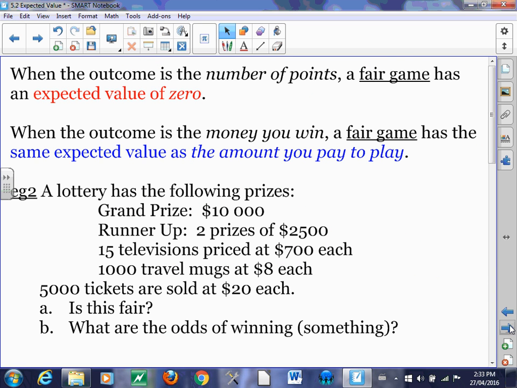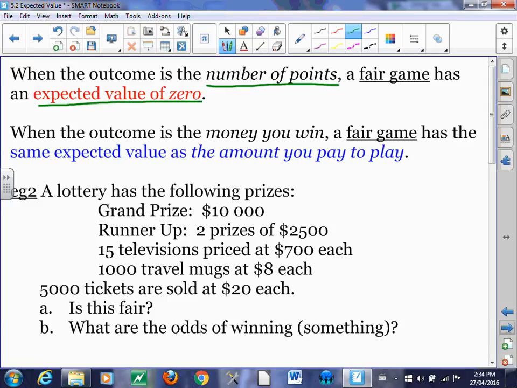When the outcome is the number of points, if it's a fair game, it has an expected value equal to 0. So what does that mean? It should be E of X when you're done equals 0 if it's a fair game. Okay? When an outcome is the money you win, a fair game has the same expected value as the amount you pay to play.